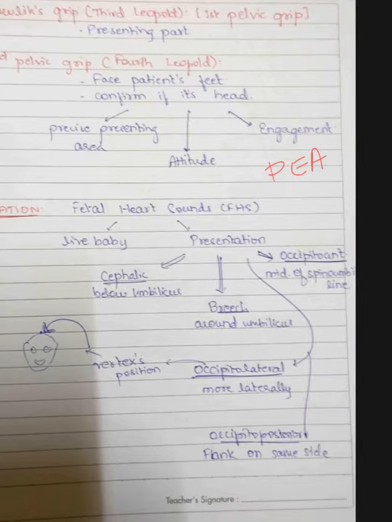Now, in order to confirm whether it is occipito anterior, occipito lateral or occipito posterior, that is, if the occiput is lying anteriorly, laterally or posteriorly, we should hear the fetal sound very carefully. Suppose if it is nearer or medial to the midpoint of the spino-umbilical line, it is occipito anterior.